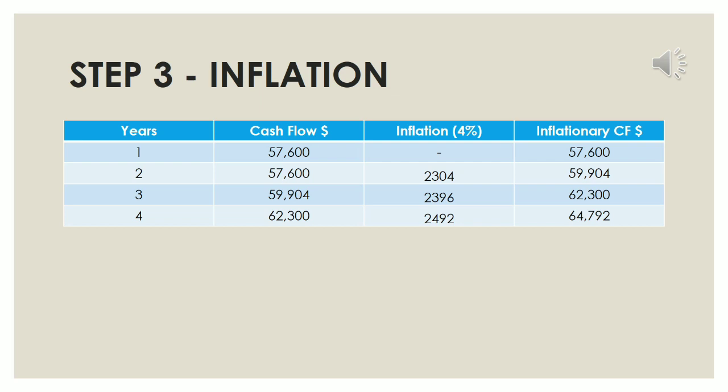So we now add the second year's starting cash flow, which is $57,600, and the inflation amount of the second year, which is $2,304. Together, it will result in an inflationary cash flow of $59,904. And this $59,904 will be set as the third year's cash flow. The calculation will be carried out like this.